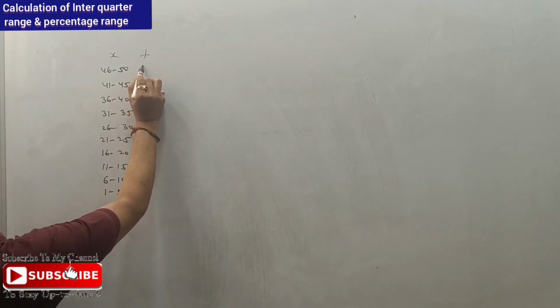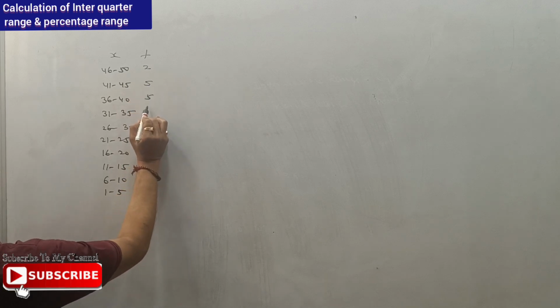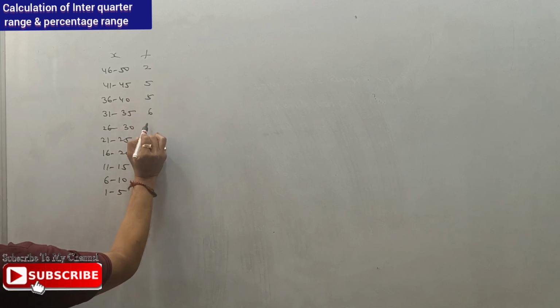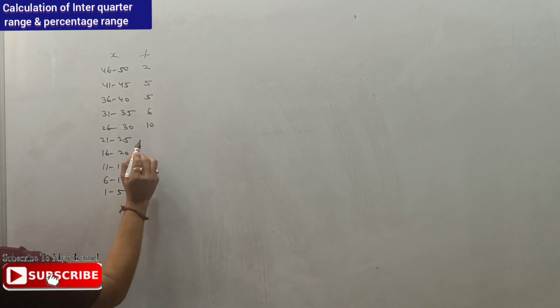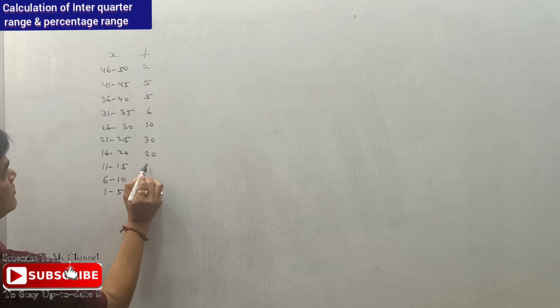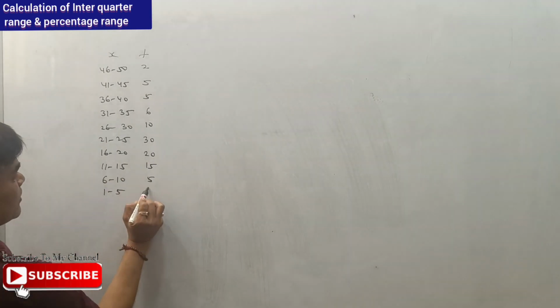The frequency is given, that is 2, 5, 5, 6, 10 and the remaining 30, 20, 15, 5 and 2.